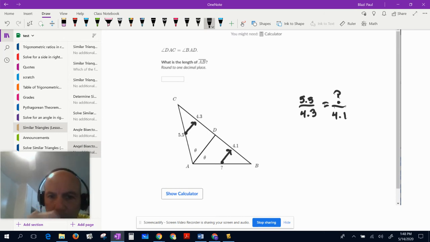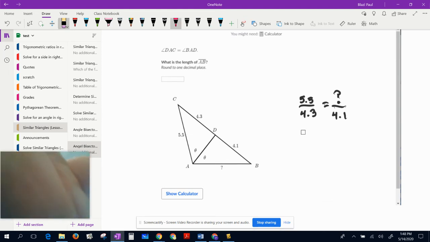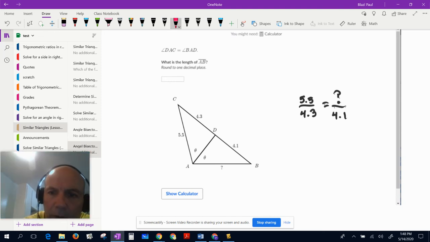Okay, I'm gonna write it both ways. What's the other way to write the proportion? Do you remember? That one would go like this. We could go either way here.